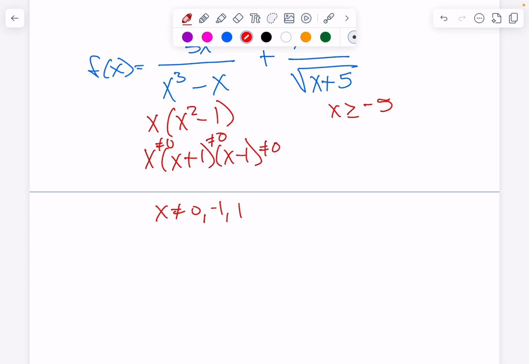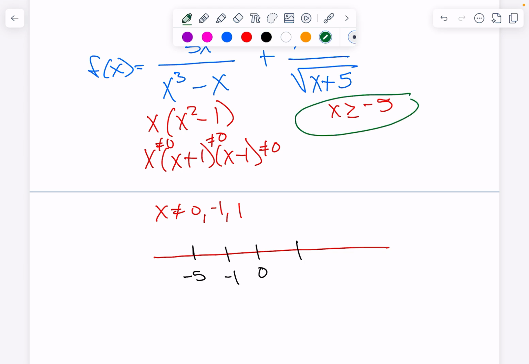So if we do the number line, negative 5, 0, negative 1, and 1. And this is just being as annoying as possible. From this one, we cannot have any of that over there, and that is a filled in circle, and then these just jump over.